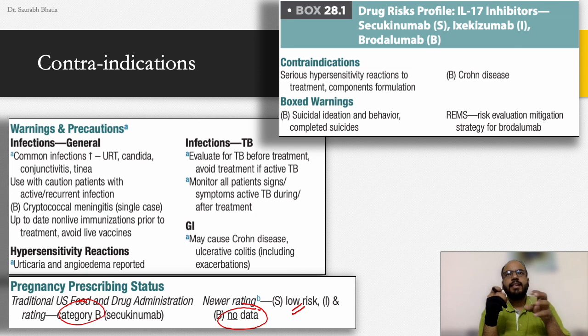So all of this study data that we see in animals whenever biologicals are concerned, the biologicals are modified to work in the animal or the animal is modified to work with a human biological, and that is why the data is not that reliable. So in all biological presentations you will be seeing that no data is there, no data is there, but it has been found to be safe because we are assuming that it will act like any other IgG molecule. Okay. So older pregnancy category B, newer one low risk, but there is not much data available.